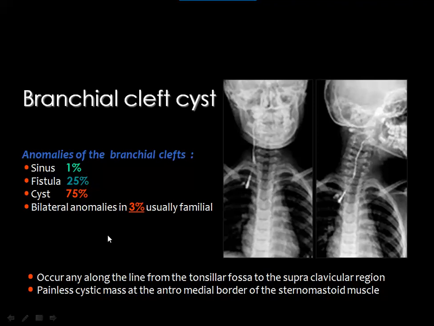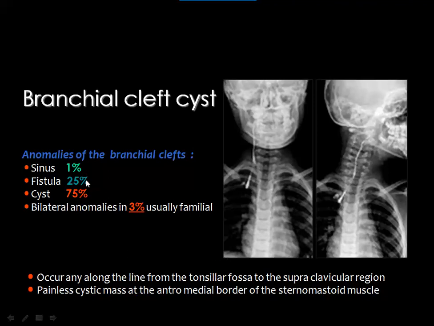branchial cleft cysts. The branchial cleft anomalies are usually in the form of three, either a sinus or a fistula or a cyst, which is the most common one. Bilateral anomalies are seen in about 3% of cases. In cases of branchial cleft sinus, you just see an opening on the neck discharging some discharge which may simulate pus, but whenever you inject contrast media, you cannot see any connection to the internal structures.